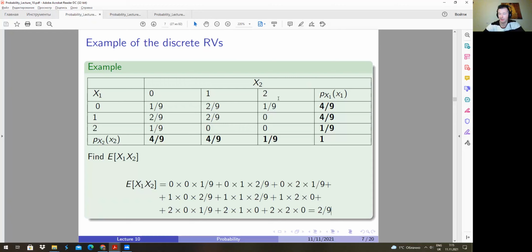Look, even for this simple example, when you have a 3 by 3 matrix of the values of x1 and x2, the calculation of such a thing as the expectation of x1 and x2 takes a lot of time.